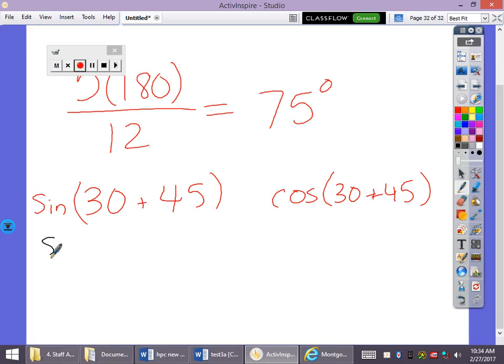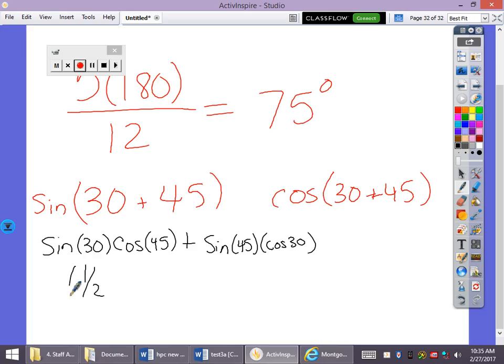So the formula would be sine of 30 times the cosine of 45 plus the sine of 45 times the cosine of 30. Using the hand trick, the sine of 30 is 1/2. The cosine of 30 is the square root of 3 over 2. And 45 is my match.